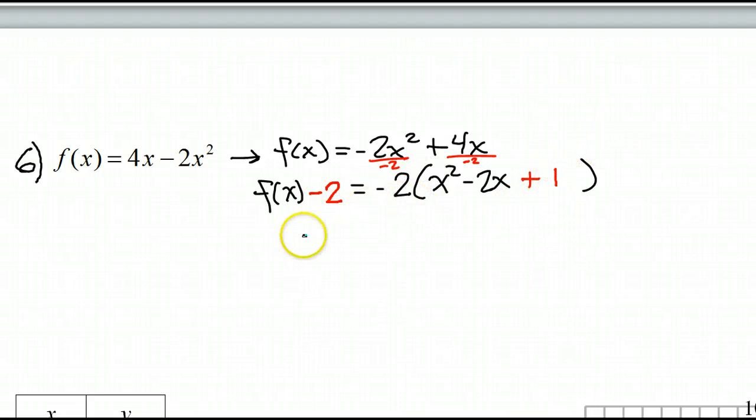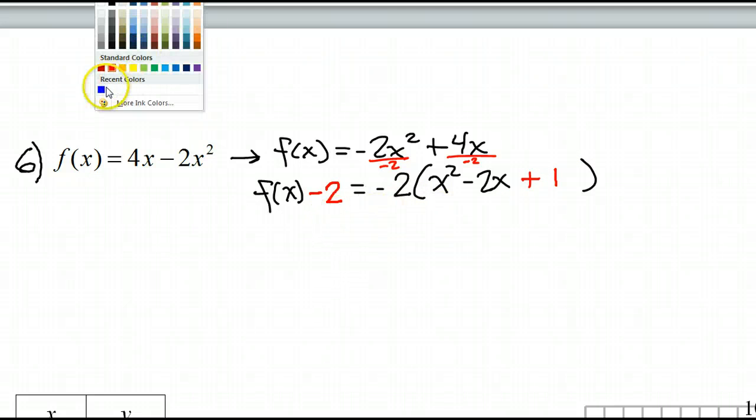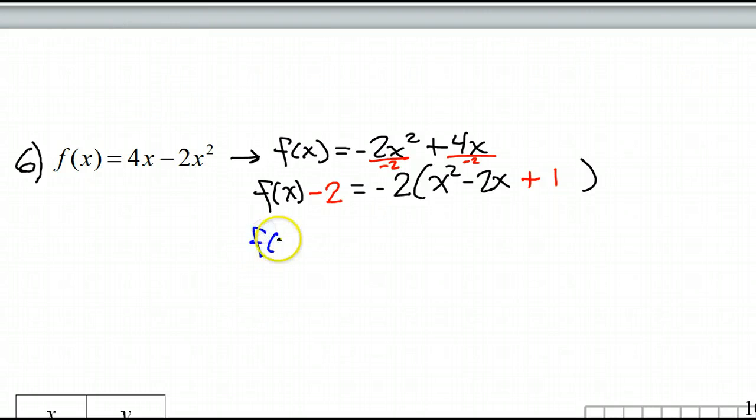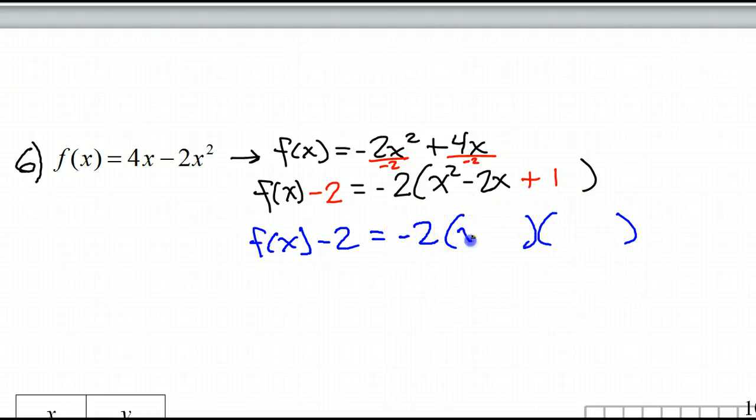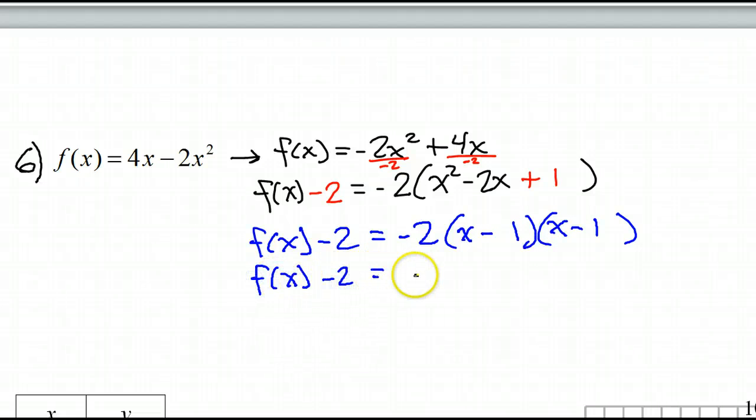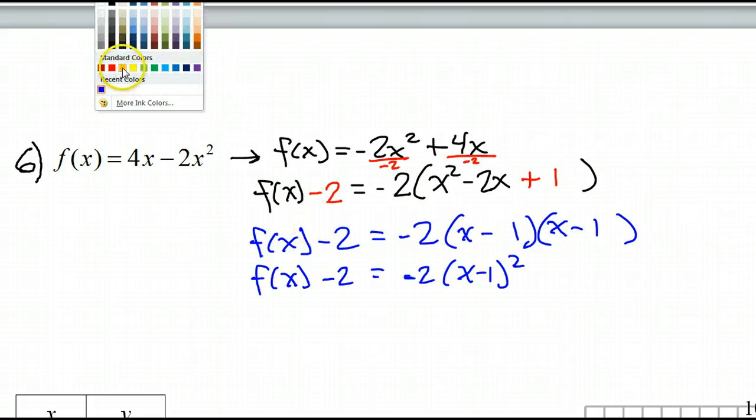Okay. All right, then I can finish the problem. So this will be f of x minus 2 equals -2 factor. So this will be x minus 1 times x minus 1. So that's -2 times x minus 1 squared. Alright, so we just add the 2 to both sides, and we are good to go.